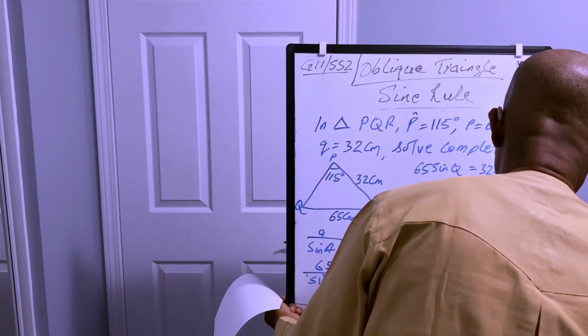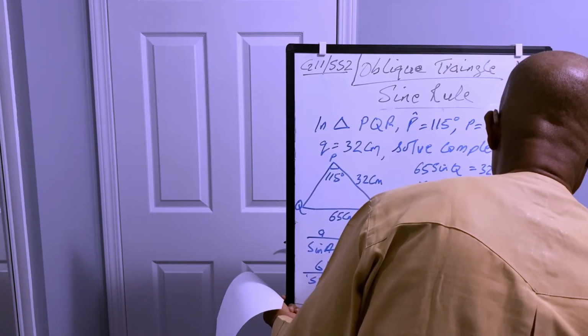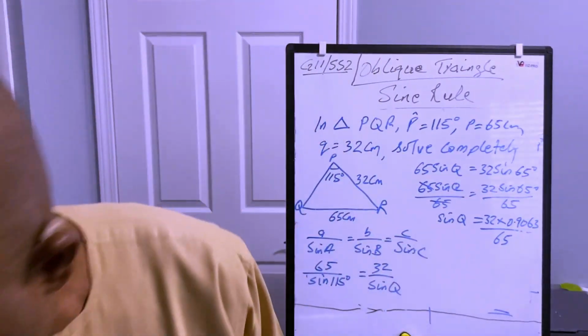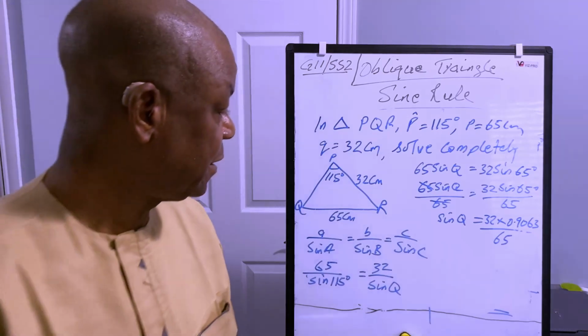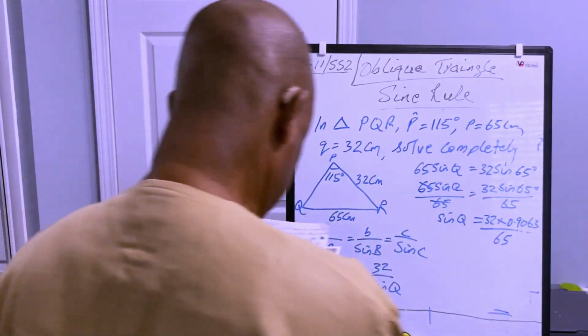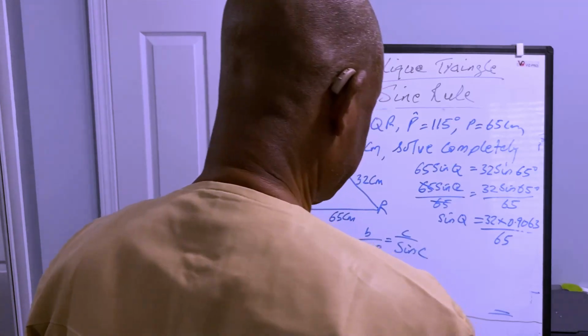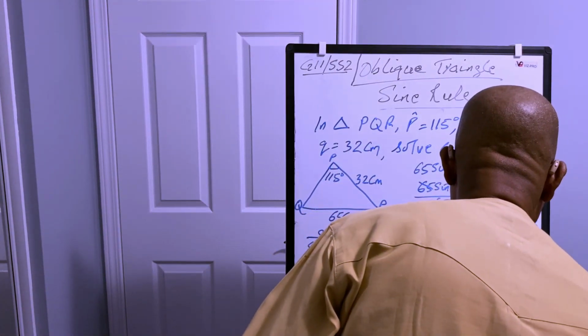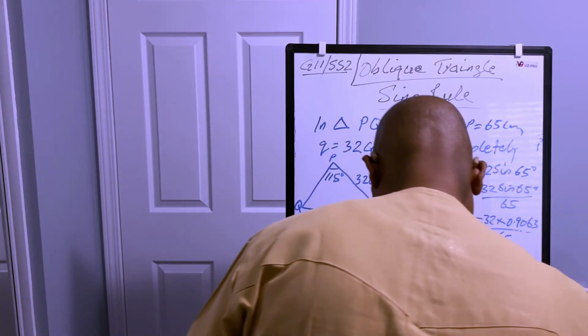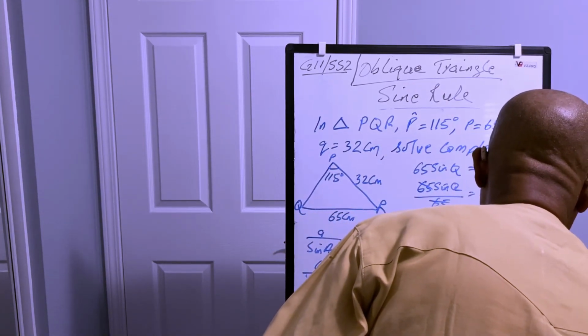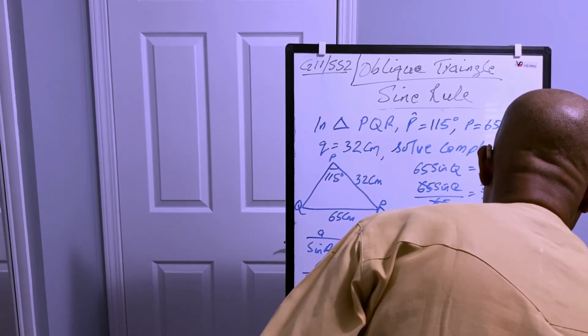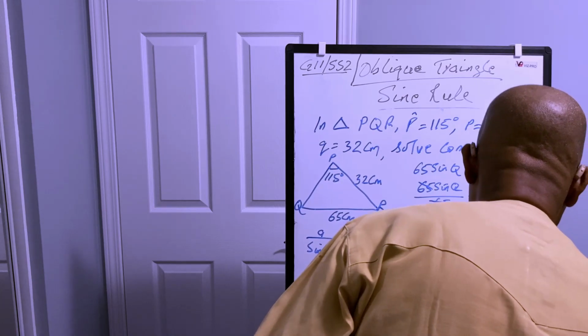0.9063 divided by 65. So we multiply the 32 times 9065. We do the multiplication. That will give us 29.0016 divided by 65.